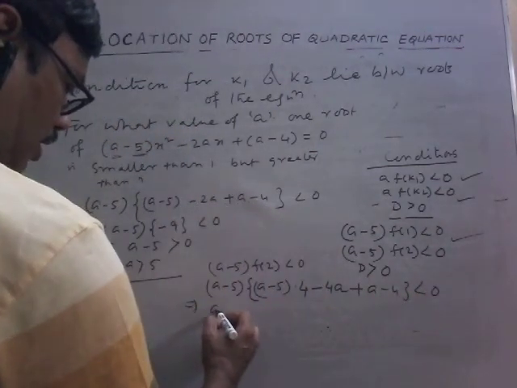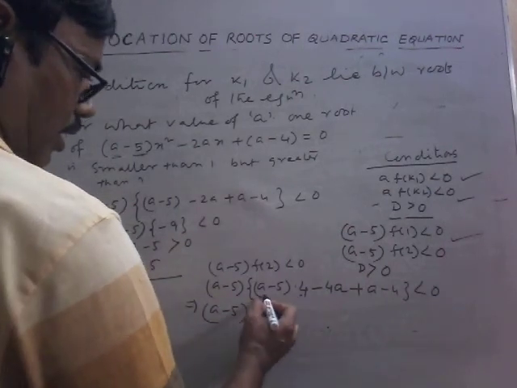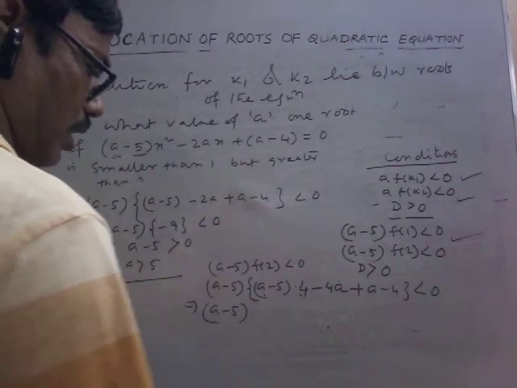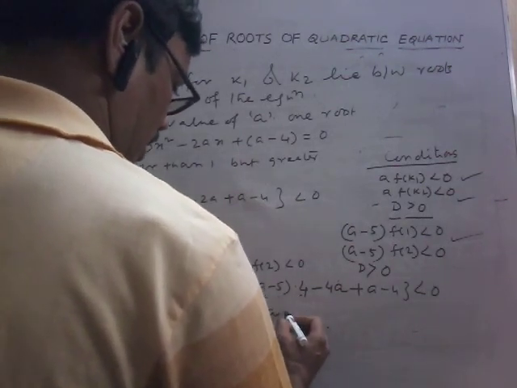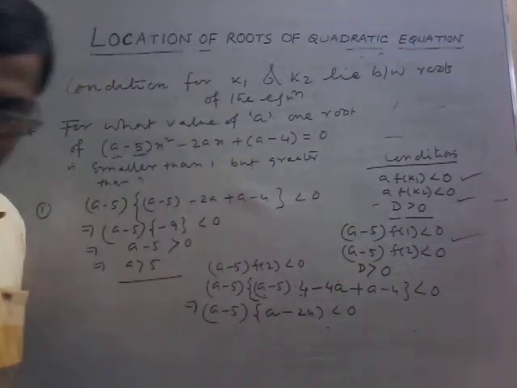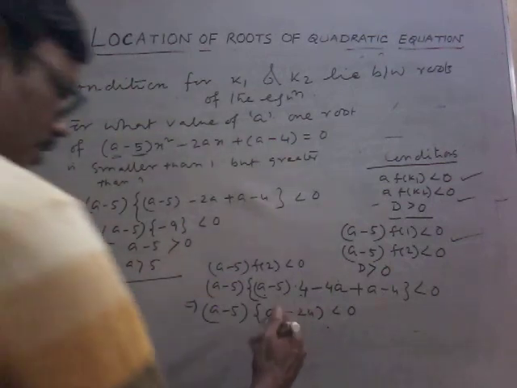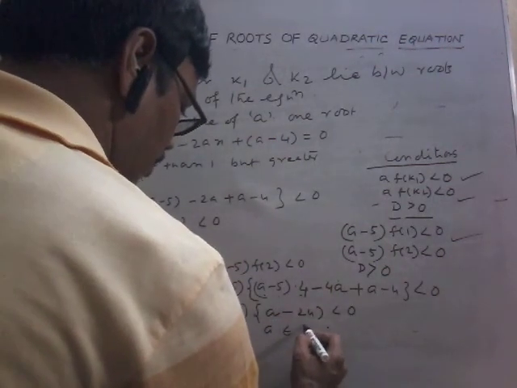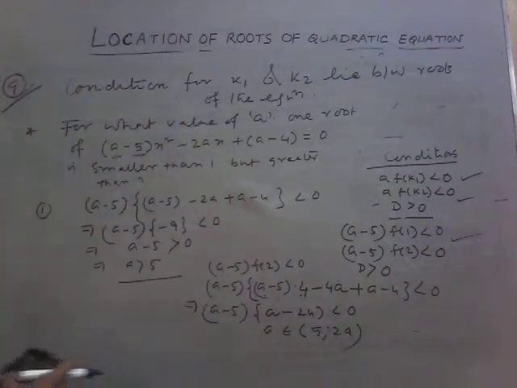So a minus 5 unchanged. This 4a and this 4a are cancelled. So (a minus 5)(a minus 24) less than 0. So a belongs to 5 to 24.